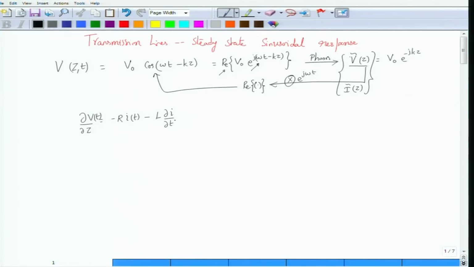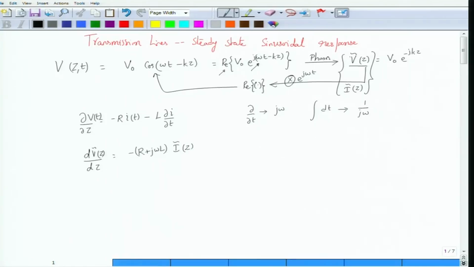This is what we had, but with phasors what happens is that this operation of del by del t can be replaced by multiplication by j omega, and the operation of integration can be replaced by 1 by j omega, okay. So with these substitutions in mind and replacing this v of t by the corresponding phasors, what we get is an equation which states dV of z by dz is equal to minus R plus j omega L into I of z.